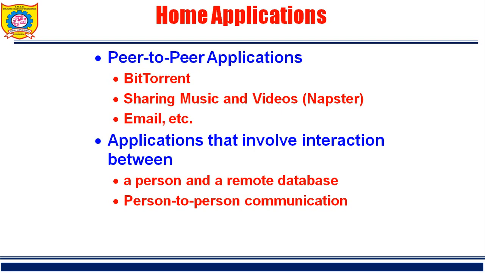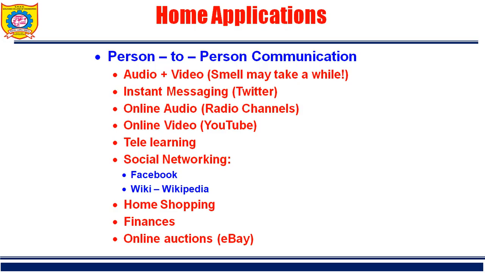Then person-to-person communication: one person sitting in Kopargaon can communicate with another person sitting in Delhi. How is it possible to communicate person to person? There are a number of ways. It may be audio communication or audio plus video communication. Then instant messaging, like Twitter, which everybody knows.